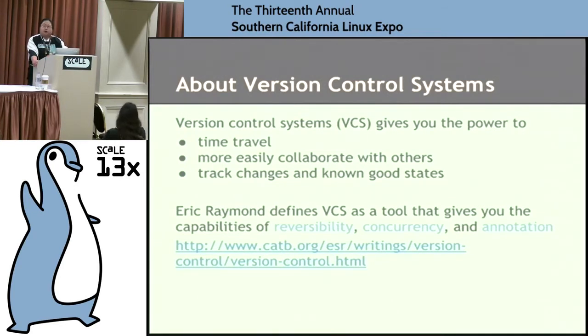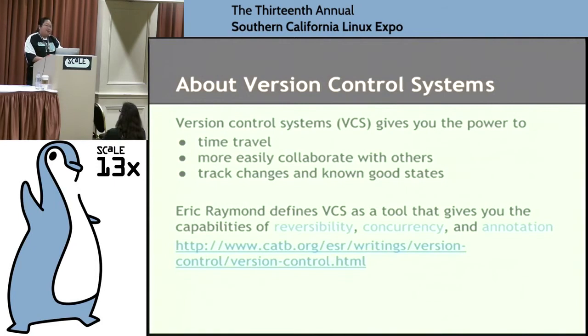Version control systems are also really good for collaboration. We don't work in a vacuum. We have to work with other people. We're often working with the same set of files. And so we have this issue of concurrency. How can you work on the same set of files and keep them in sync and not clobber each other? I have the bad news that version control systems won't totally help you with that, because I've seen enough times when people clobber other people's work that I know you're going to need an administrator or some kind of policy person to come in and teach people the proper way to merge.